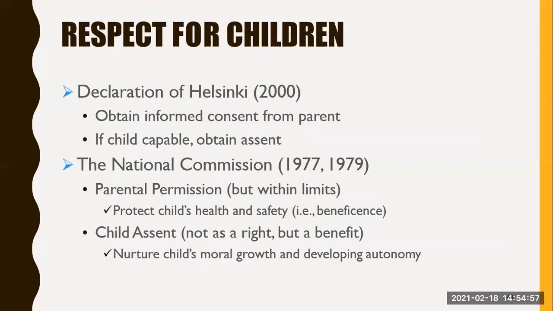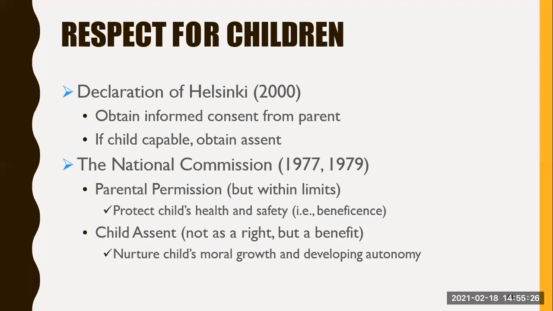Then, respect for children. The Declaration of Helsinki says to obtain informed consent from parents, and if the child is capable of giving consent, then obtain assent from the child itself. The National Commission in 1977 and 1979 says parental permission, but within limits.